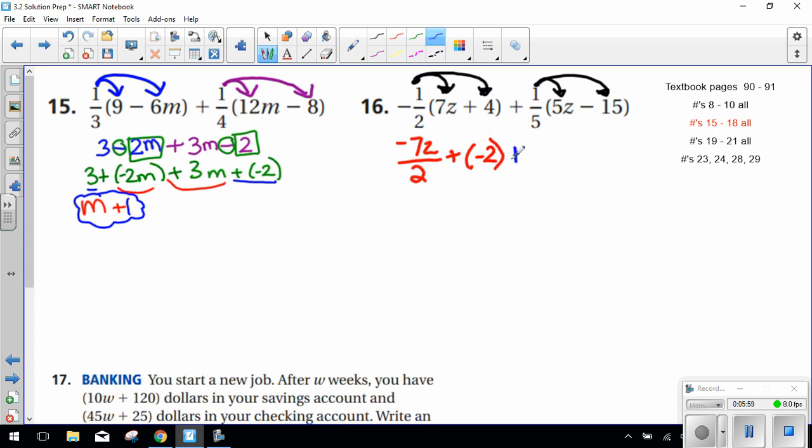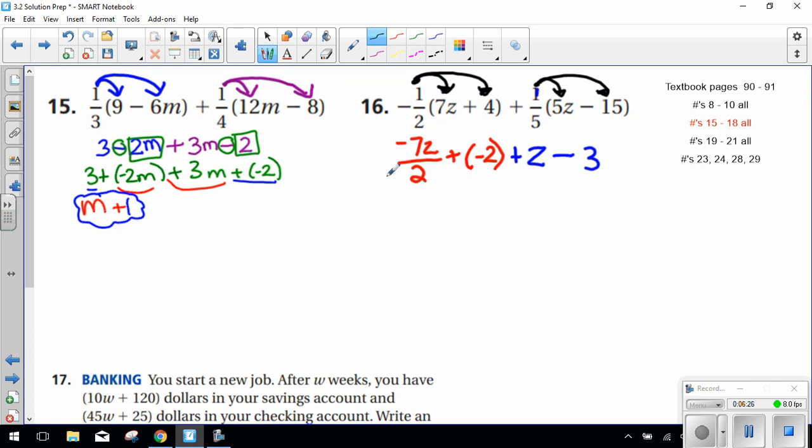Plus 1/5 times 5. In your calculator, you will get 1. So that leaves me with z. I bring this minus sign down. 1/5 times 15 is 3. So what I'm going to do now is combine like terms.